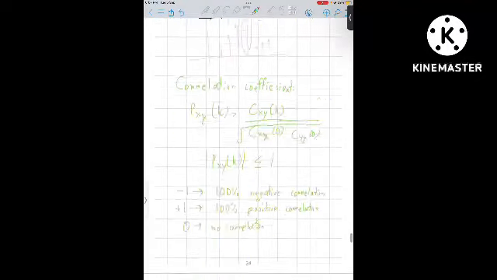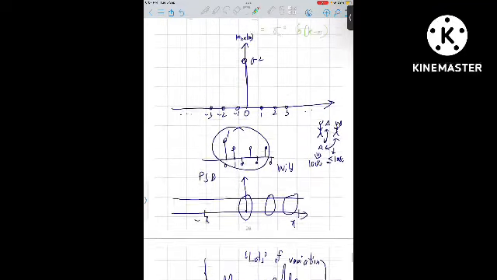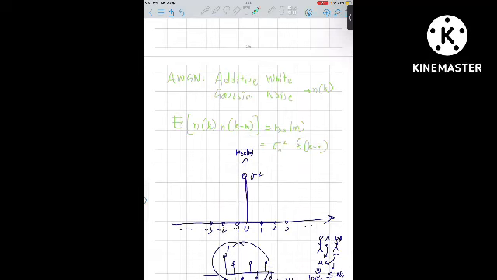Let's say this noise is in discrete domain. The property is that the expectation of n[k] times n[k minus m], which equals R_xx[m], is sigma square, the noise power or the noise variance, times delta of k minus m. Now it might look abstract, let me explain it in a better way.